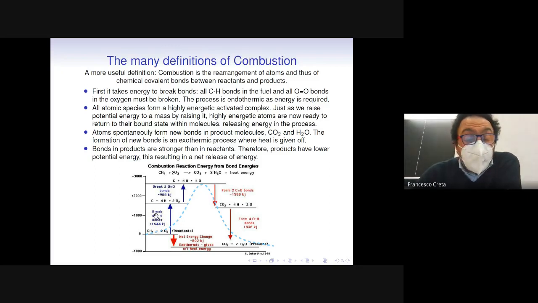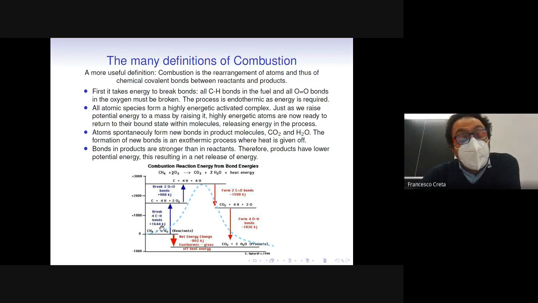What happens then? Well, we take, for example, the 4 CH bonds. We've seen the CH4 molecule before, so there are 4 bonds between C and H. We need to break 4 of them, and it requires a certain amount of energy. You can see it here.